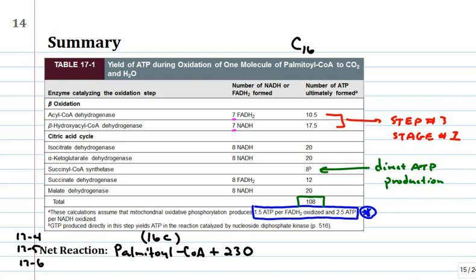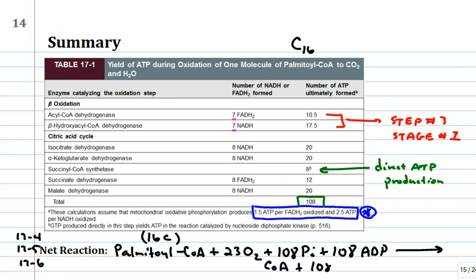23 molecules of oxygen, 108 inorganic phosphate plus 108 ADP yields a molecule of coenzyme A. You got to kick off that CoA.